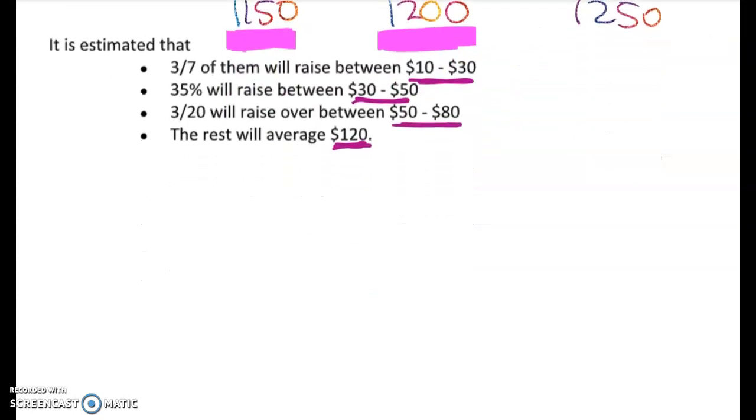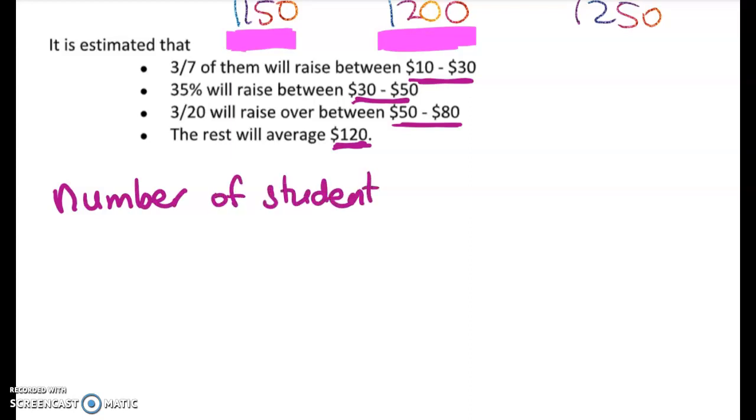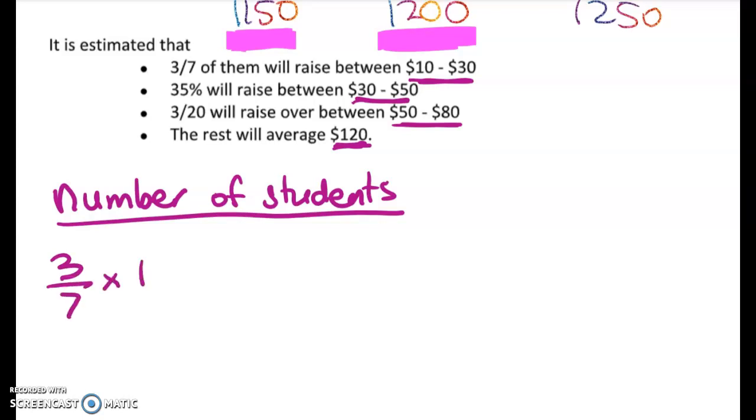So what we need to do when we're doing this is to have some good headings that show us what we're working out. There are a lot of different ways you can do this. The first thing I'm going to do is do a bit of work looking at the number of students. 3/7 of our 1,200 is 514.2857 people.